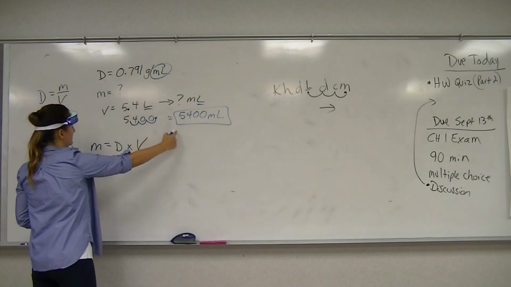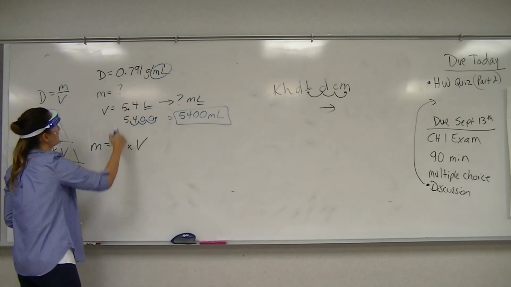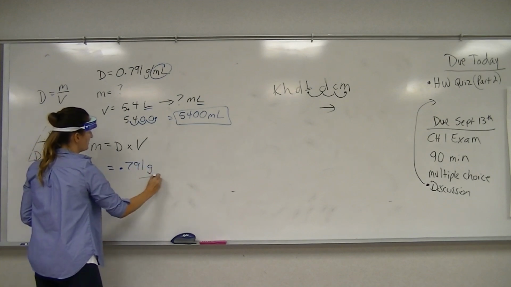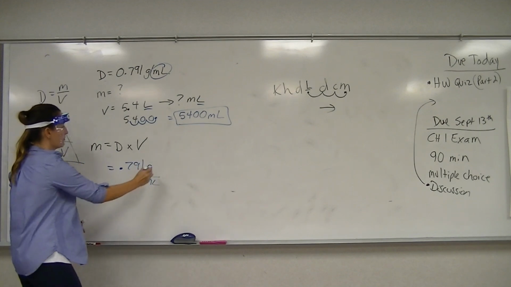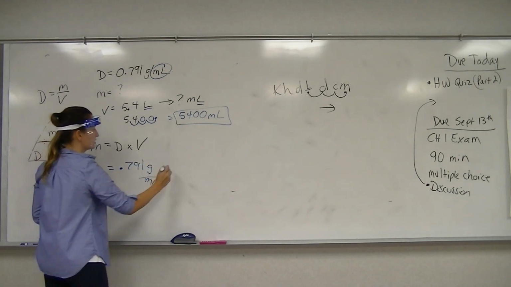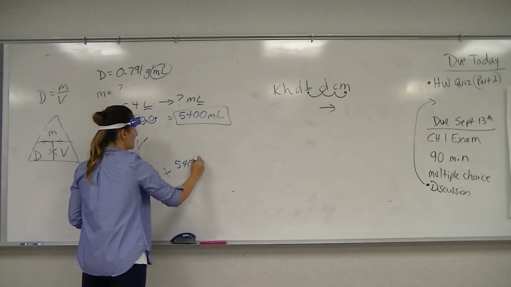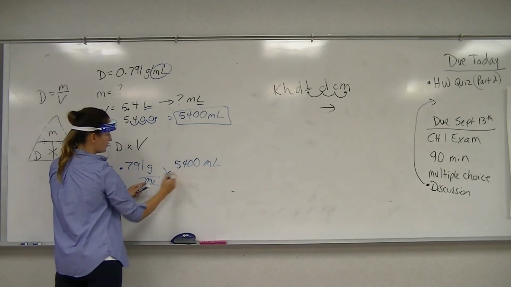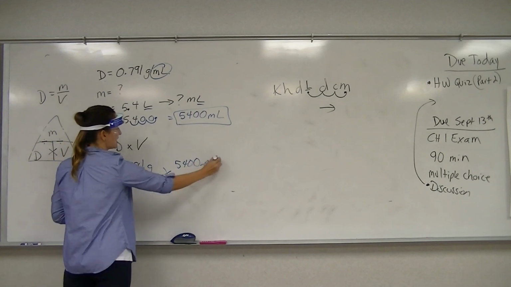Now I just plug in. My density, I didn't have to convert. It's 0.791 grams per mL. I'm going to multiply that by my volume, which I've converted to milliliters. You can see why now that I have it written out: I need the milliliters to cancel. If I still had it in liters, they wouldn't have canceled.